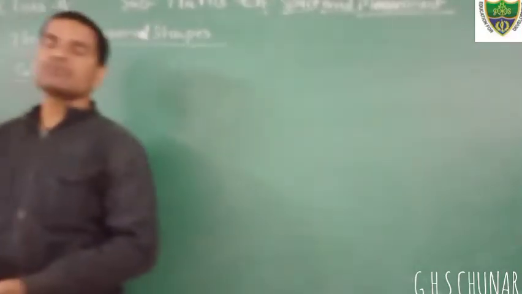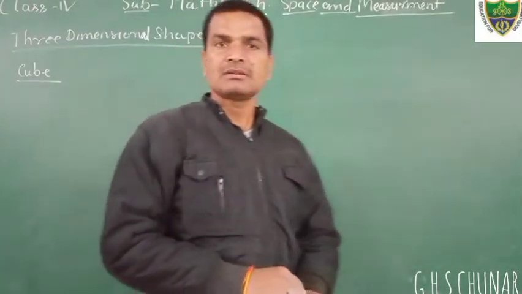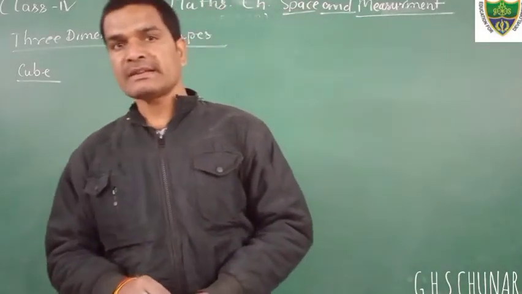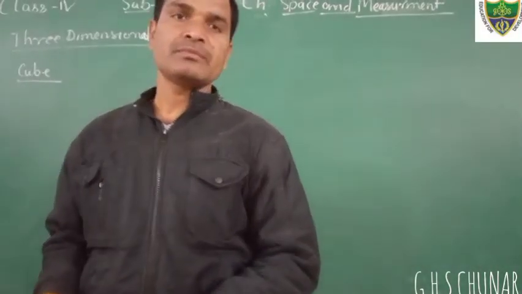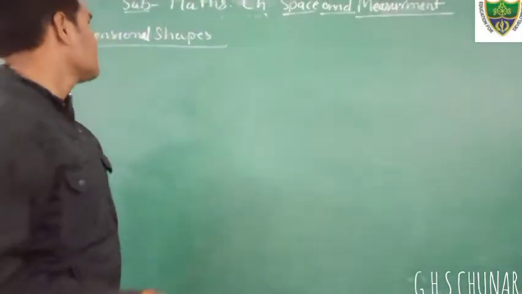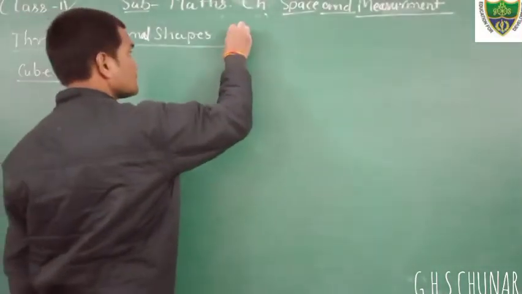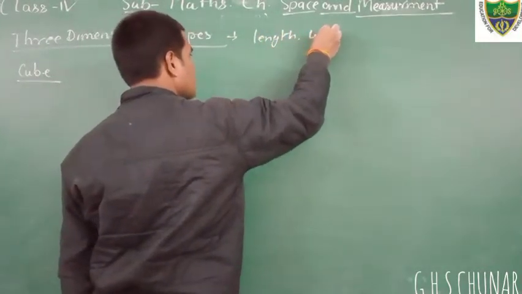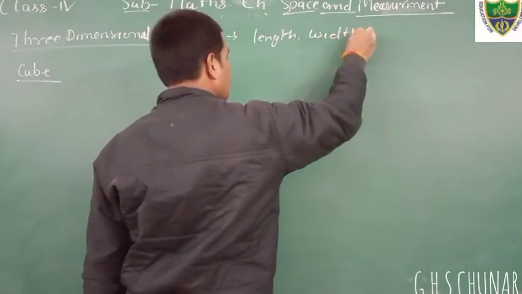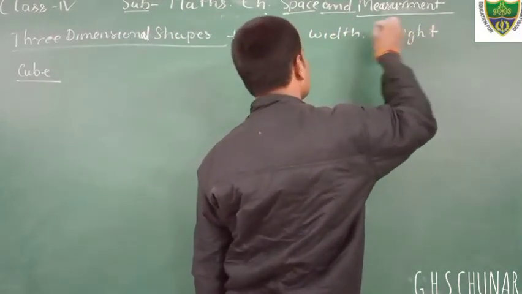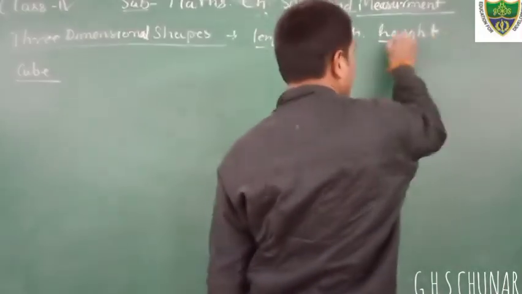Now in this class we will discuss three-dimensional shapes. What are three dimensions? A three-dimensional shape is a shape in which there are length, width and height.